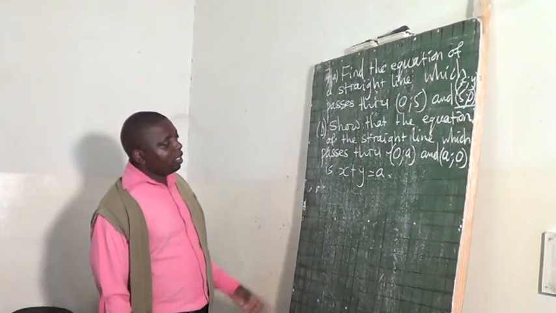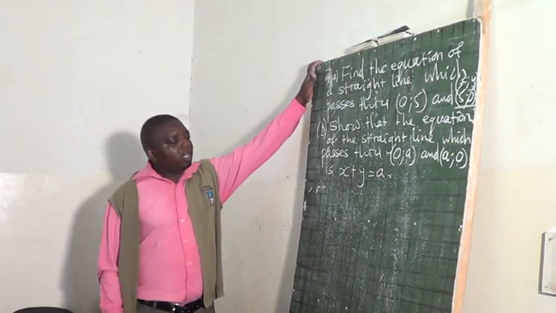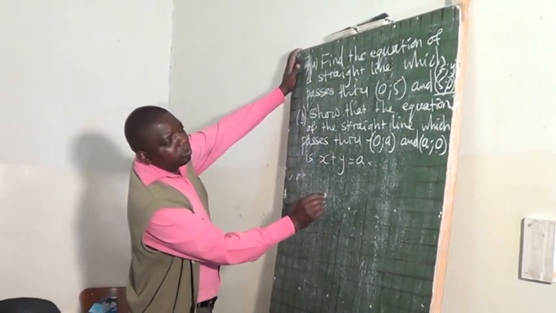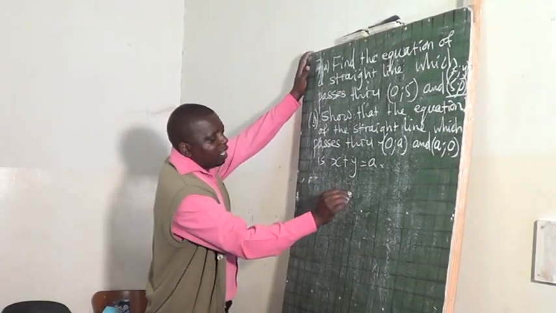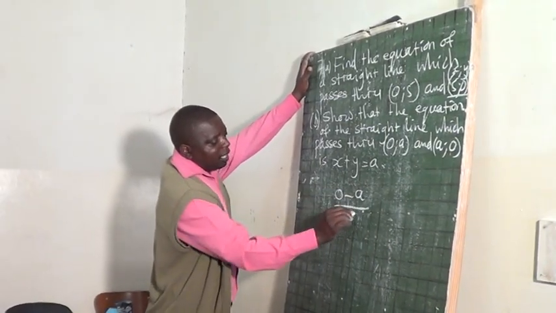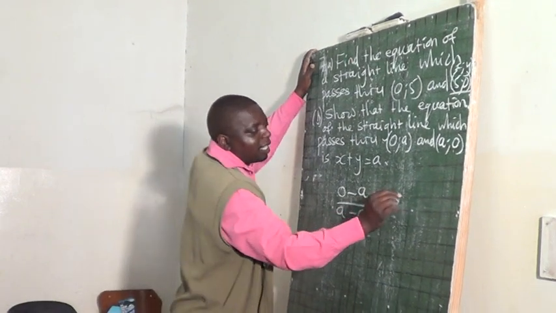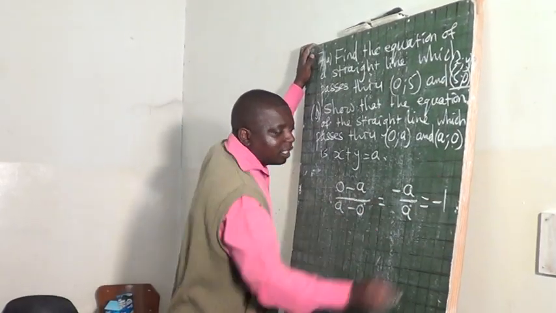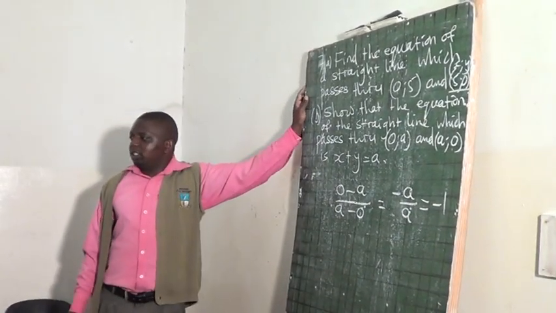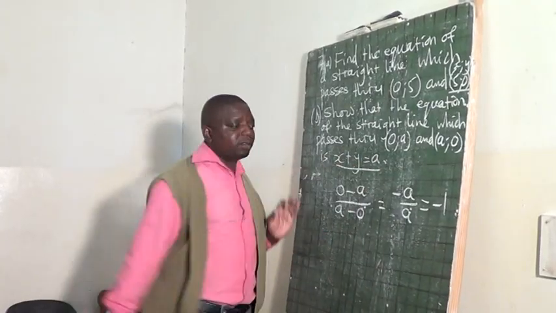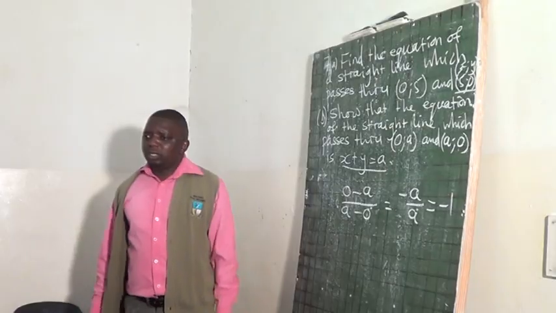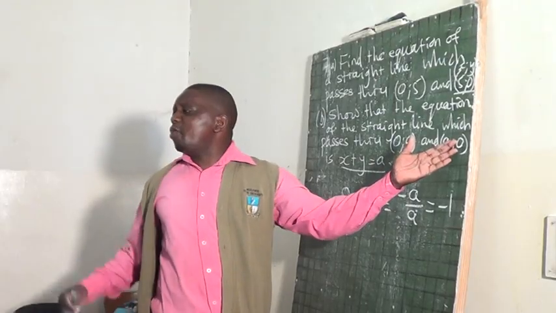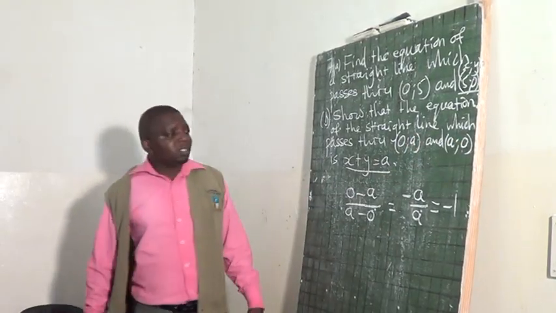First find the gradient. The gradient is 0 minus a over a minus 0, which is minus a over a, which is equal to minus 1. Then you take any one of the two points.